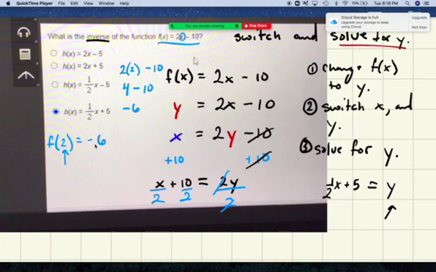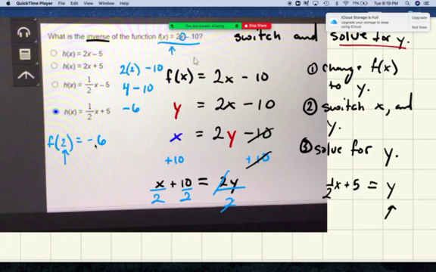Now an inverse, by the definition, means if we plug in something here, we get something out. If we plug in the output to the inverse, it gives us back what we normally would have gotten. This is really confusing, but the input for this is the output for the inverse, and the output for this is the input for the inverse. So they're switched around.